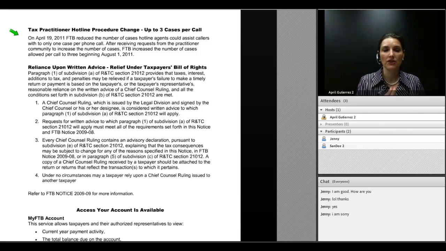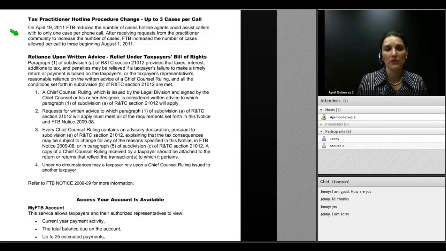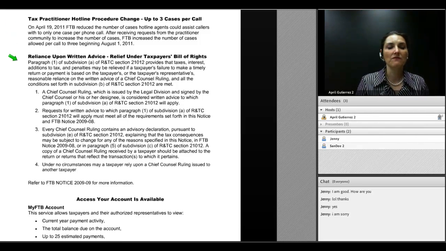So if you were a tax practitioner and you called up the tax practitioner hotline with a question, you could essentially ask only 1 question or about 1 particular case. And there were enough complaints that came in from tax practitioners that the hotline now takes up to 3 cases for a call. So if you've got 2 or 3 things going on with various clients, you can call and take care of those all with 1 phone call. But if you have more than 3, then you would need to make 2 phone calls.